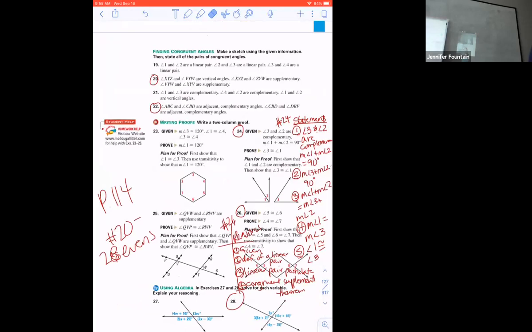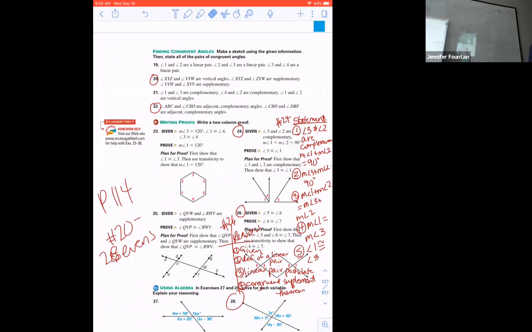Okay, so on 24, I think I gave you the statements. So our first statement is the given. Our second statement was the definition of complementary angles. Our next step was, no, it's going to be transitive.